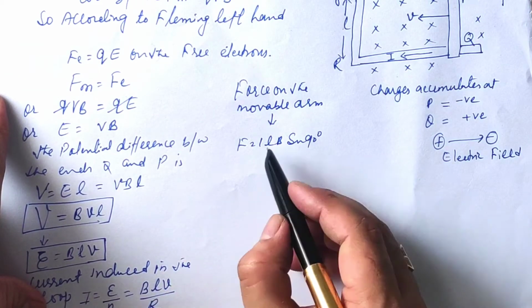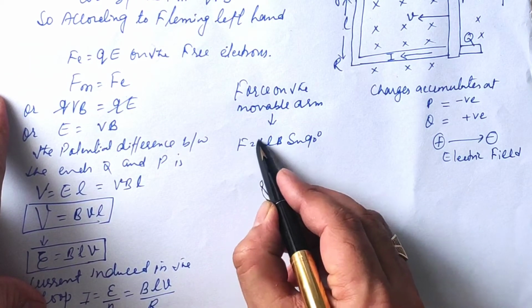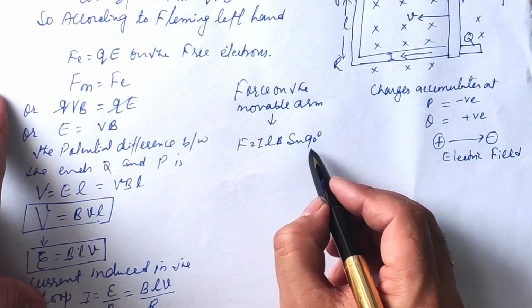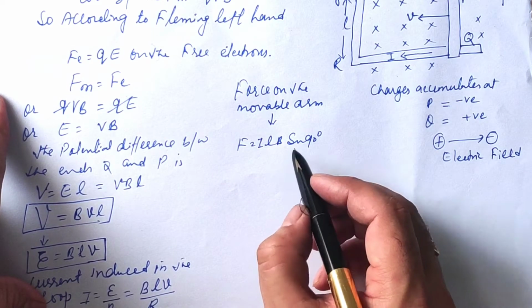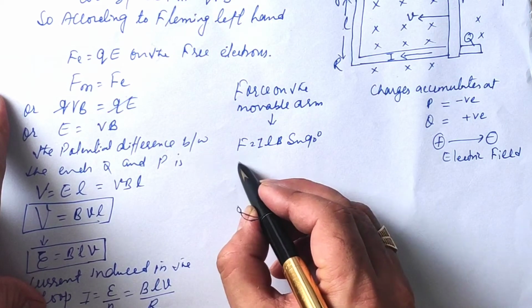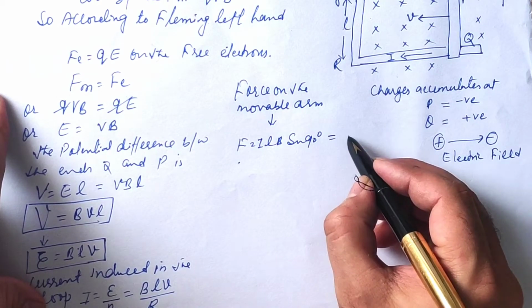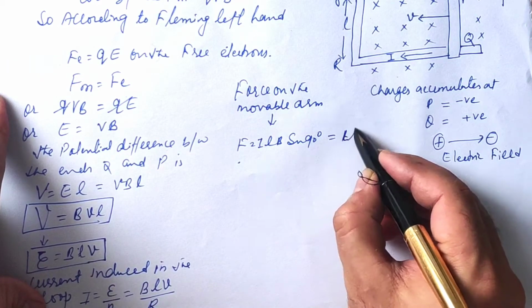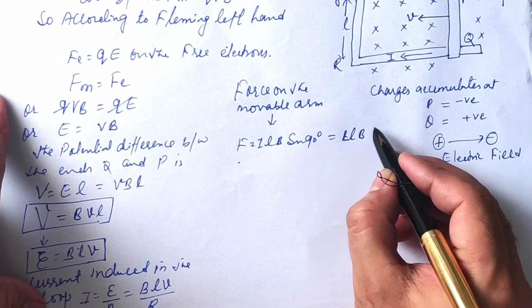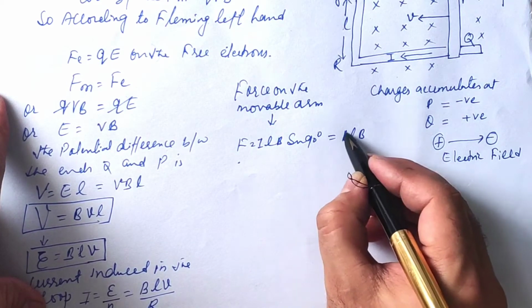Then the force experienced by this conductor is BIL sin theta, and theta is 90 degrees here, sin 90 is 1, so it becomes BIL.